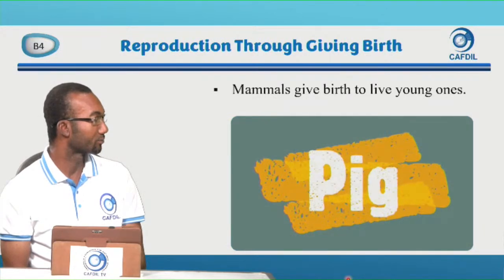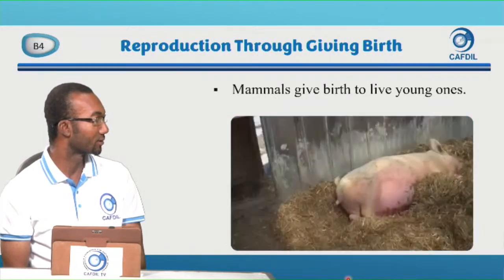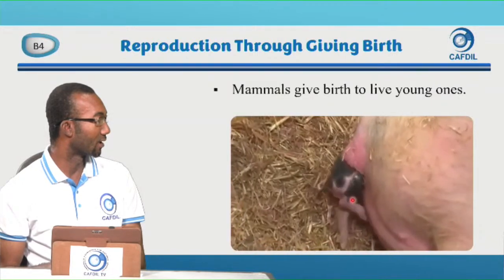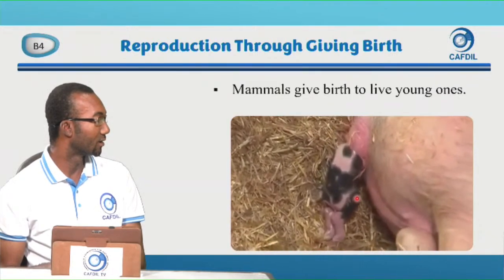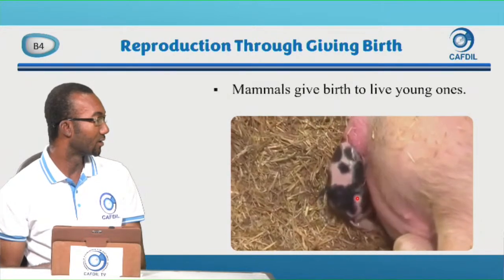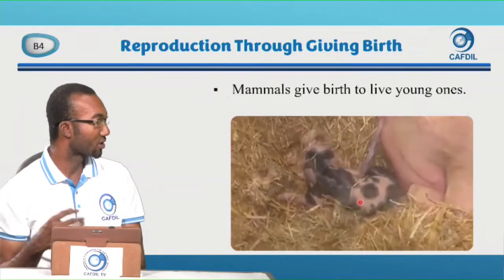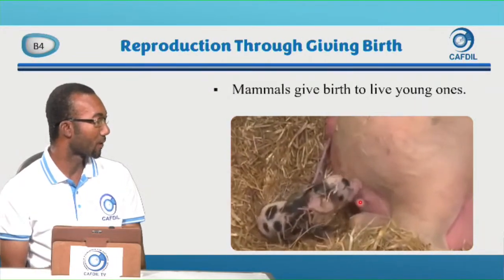Let's look at pig. Pigs also give birth. So this pig is also giving birth. They are coming from here. The legs are coming. Yes, they are giving birth to the first one. Pigs also give birth to plenty piglets.